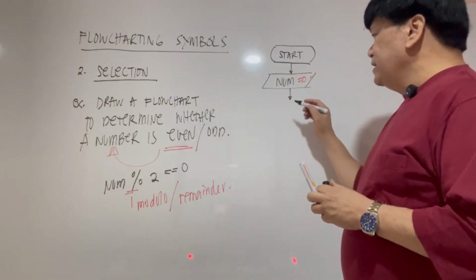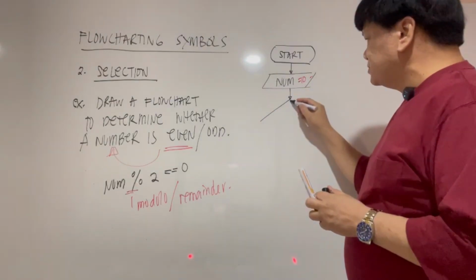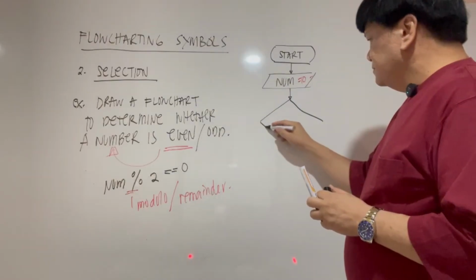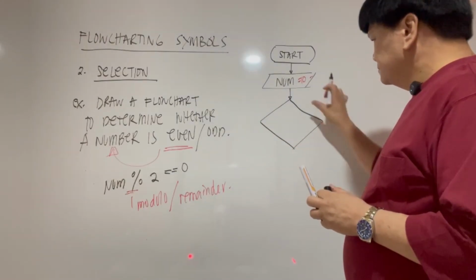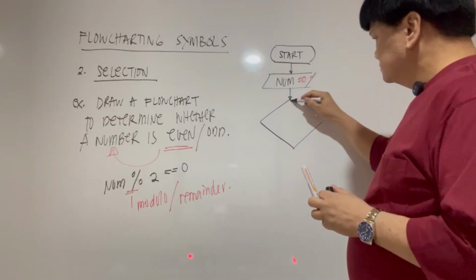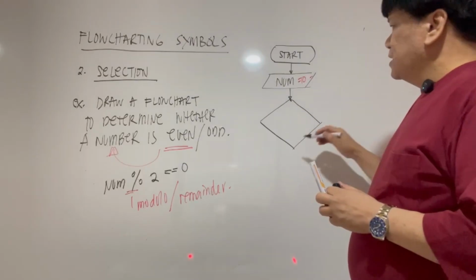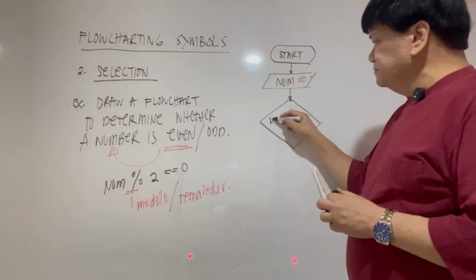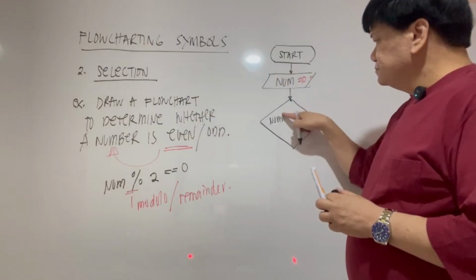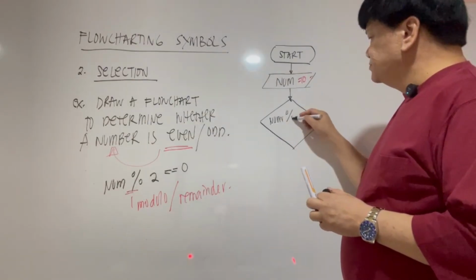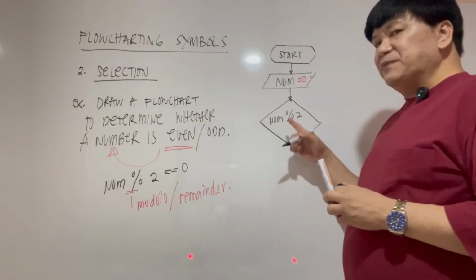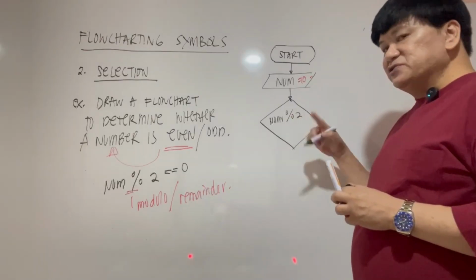Then, we are now going to test whether the num modulo of 2. So 10 divided by 2. Then take the modulo, the remainder.